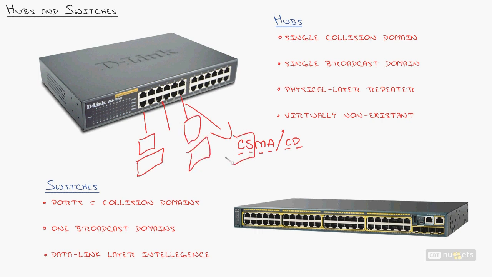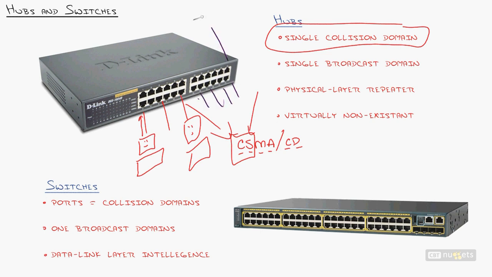It's always sensing for a signal, trying to say, is anybody else sending? Because I know, since this is a single collision domain, that only one device can send or receive at a time. Now, if he doesn't hear somebody sending or receiving, then he will go ahead and send his data into the hub, which goes everywhere. But remember, the bigger and bigger our network gets, the more and more chance there is that two computers are listening at the same time.